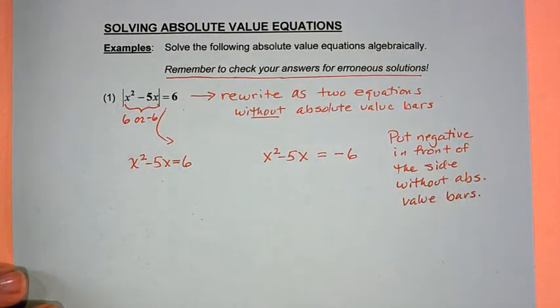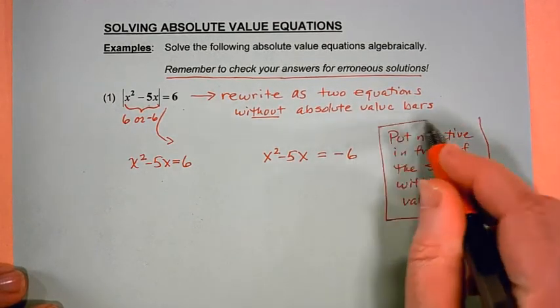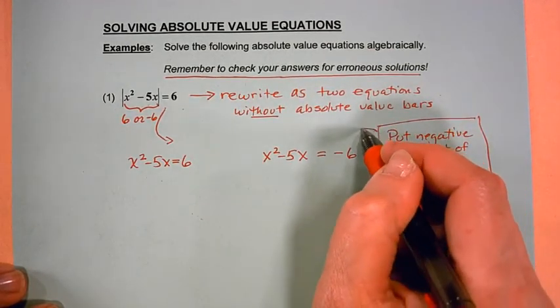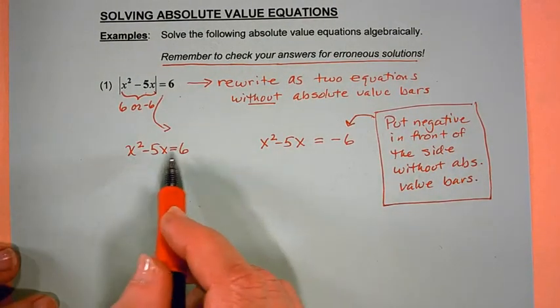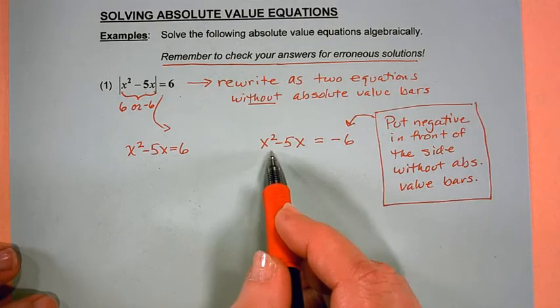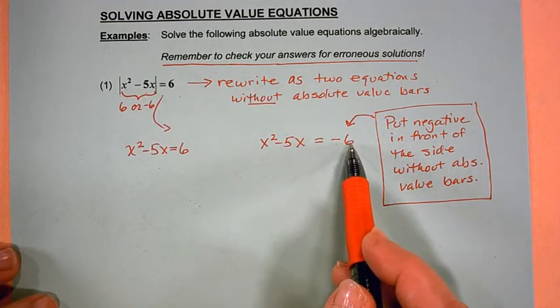That's going to be our technique when we do all the problems. The first time we write it just as is; the second time we don't change what's inside the bars, but we put a negative in front of the side that's not inside the bars.